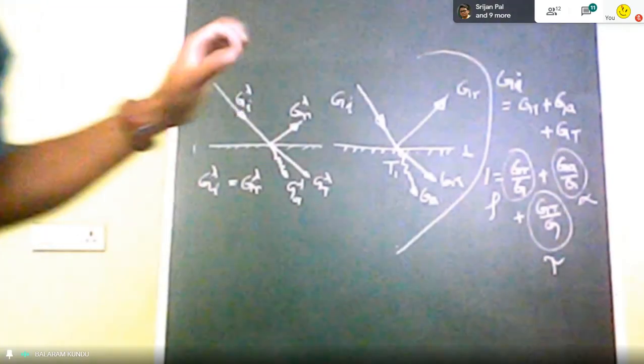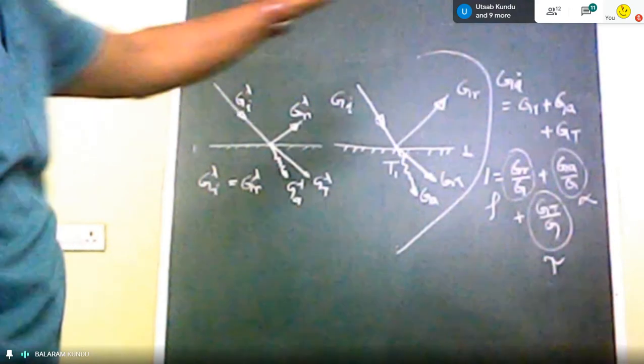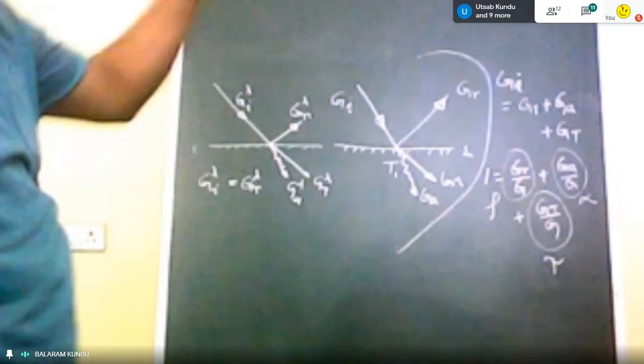So these three sum to 1, that is, rho plus alpha plus tau equals 1.